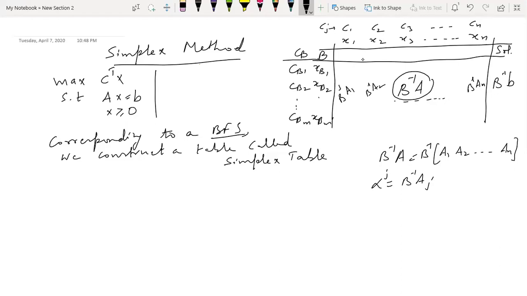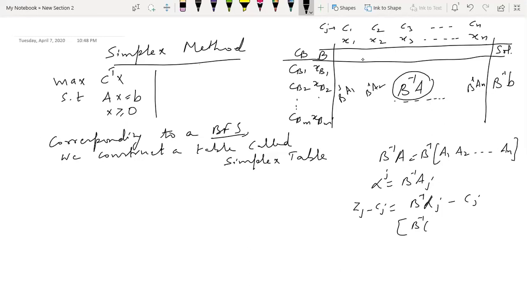So it is not a power. Alpha j is B inverse aj, and then we calculate another component called zj minus cj, which is nothing but B inverse times alpha j minus cj.